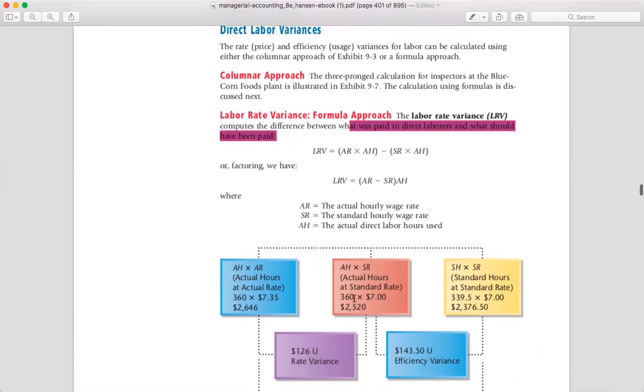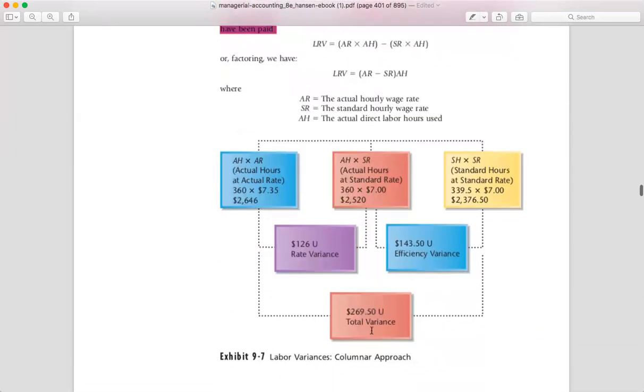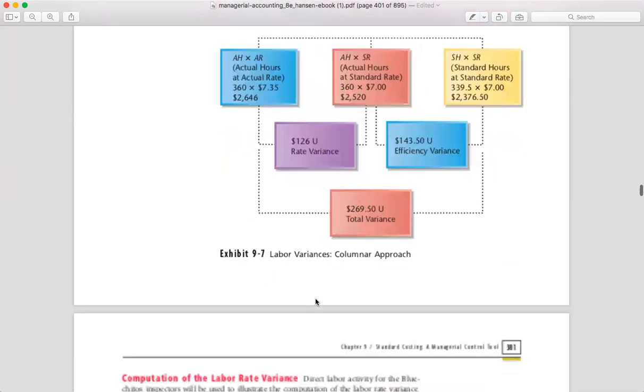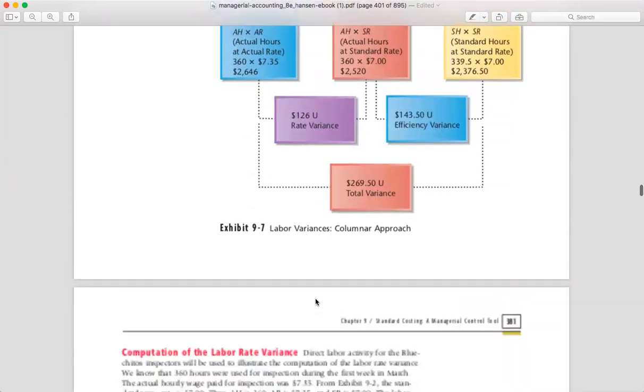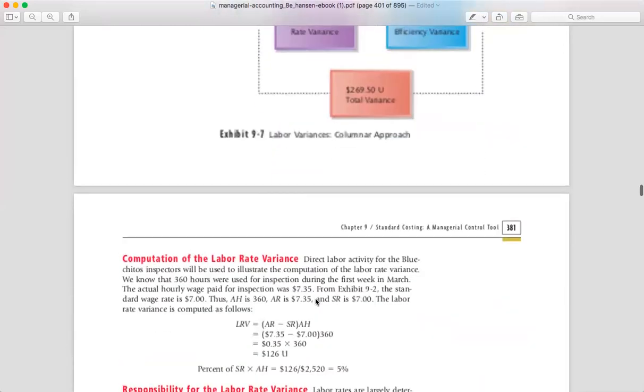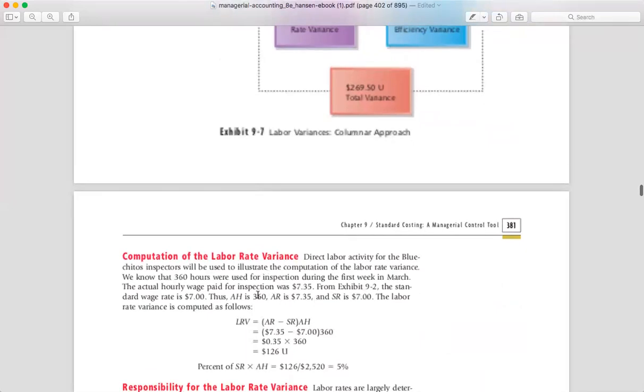Okay, this is the formula and we get this amount. So you can see the information in here. Okay. So compute the labor rate variance.